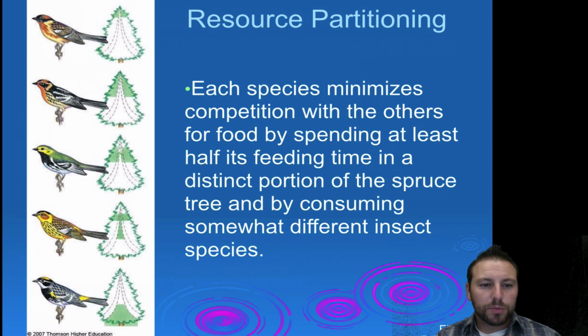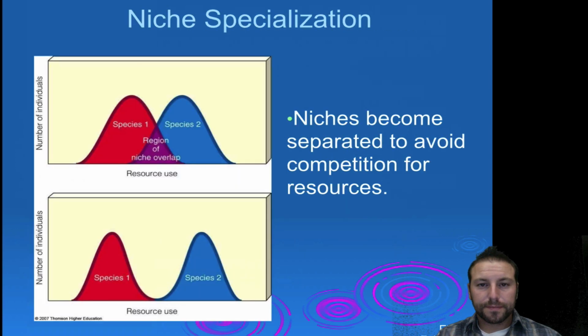So here we see these species of bird going through the spruce tree at different heights, because of the vertical structure of it, and able in turn to eat different insects, and sometimes at different times, and all manage to live at the same time.